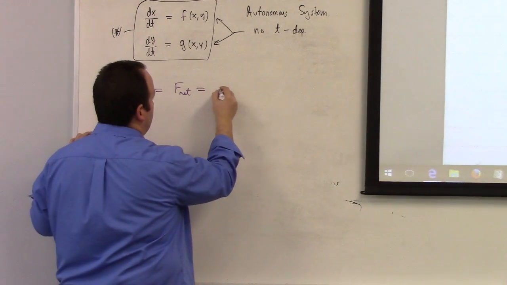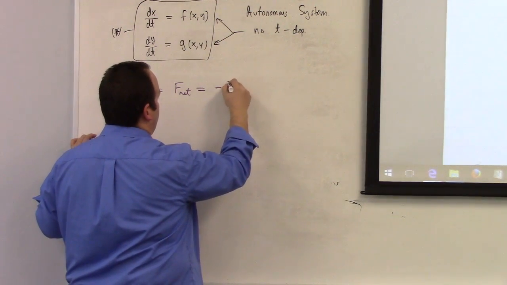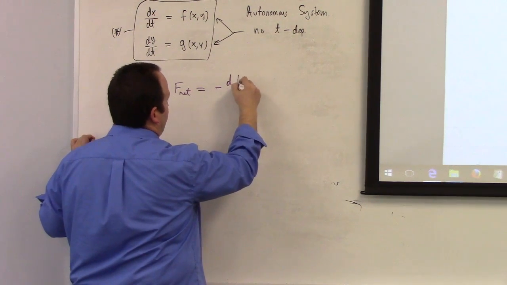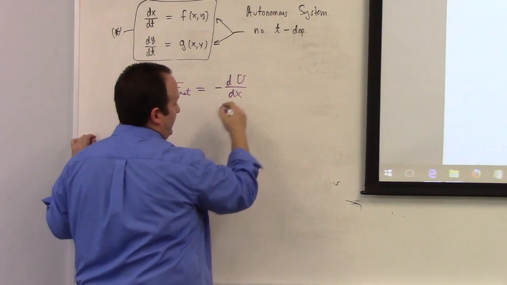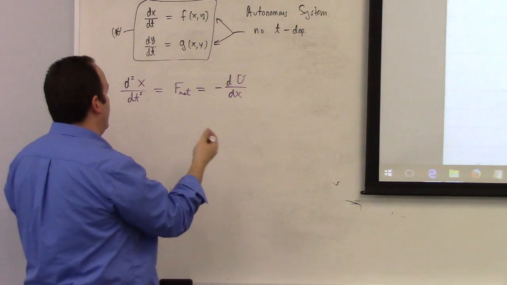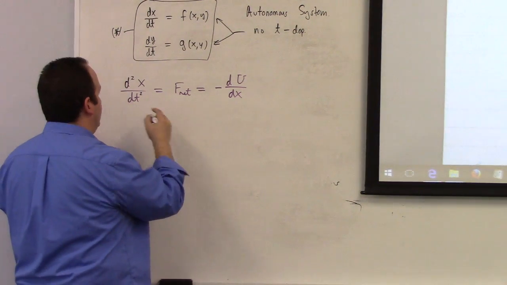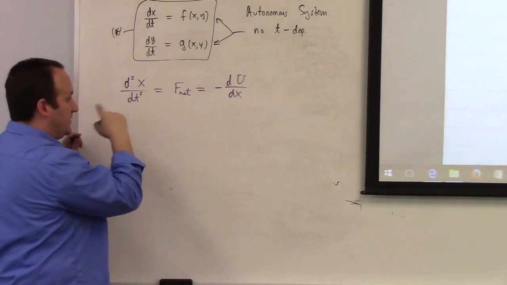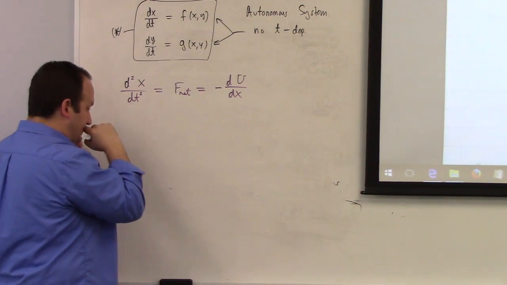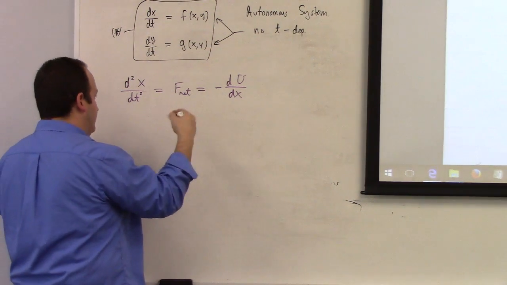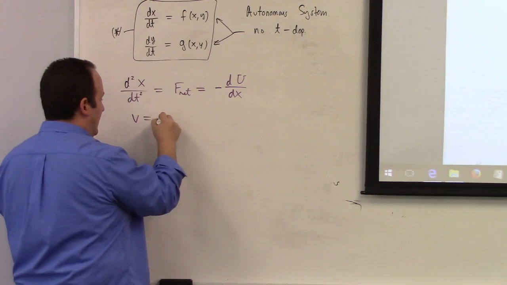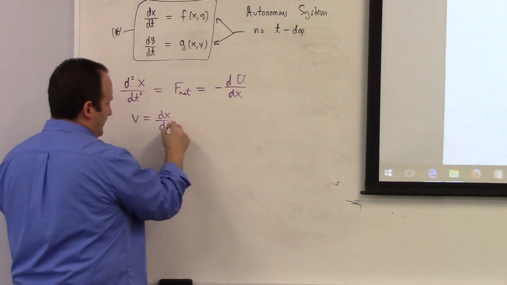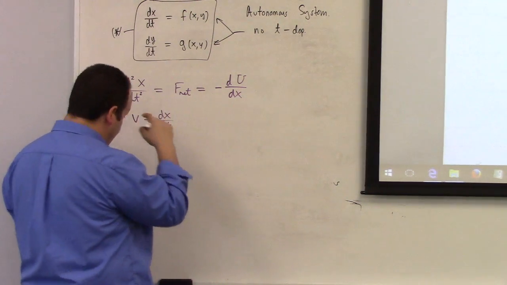This is equal to minus the derivative of the potential energy, dU dx, if it's conservative. So the point is that if you make the substitution, if you let v equal dx dt, then you have this system.